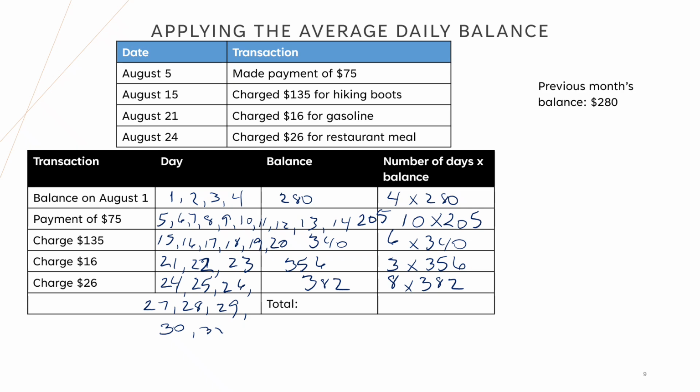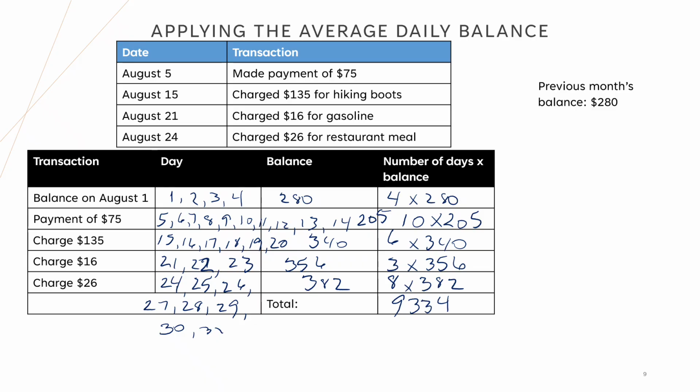So you do 4 times the 280 plus 10 times the 205 plus 6 times the 340 plus 3 times the 356 plus 8 times the 382, and that gives you a total of all of these values of $9,334.